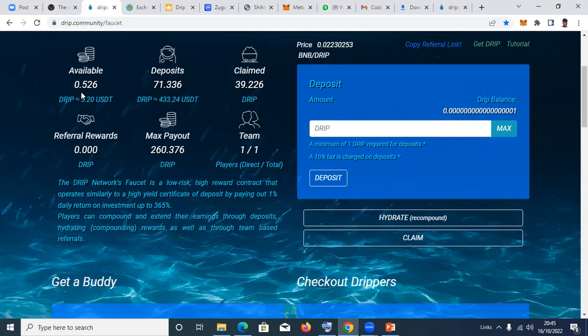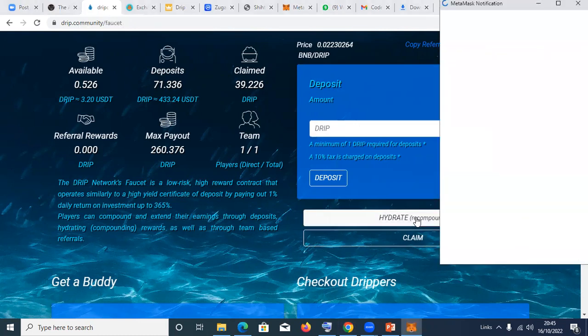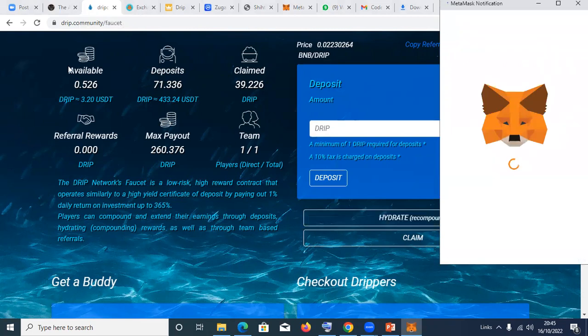If I want to increase this value, I'm going to click on what? Hydrate or compound. When I say hydrate or compound, whatever I've made in the available here will now be moved to add to my initial deposits. So I'm going to confirm this, and you see that this place will turn to 0.00. It will reflect back to my deposit, it will increase.